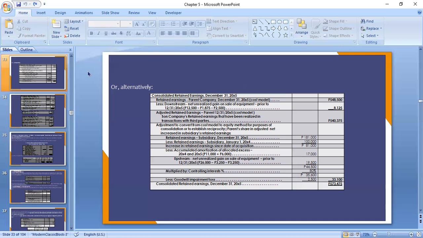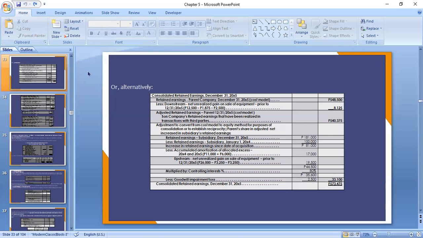We have the increase since date of acquisition. Then we deduct accumulated amortization of allocated excess in the amount of 17,000, and we have now the upstream unrealized gain on sale of equipment. That's upstream because the seller is the subsidiary.